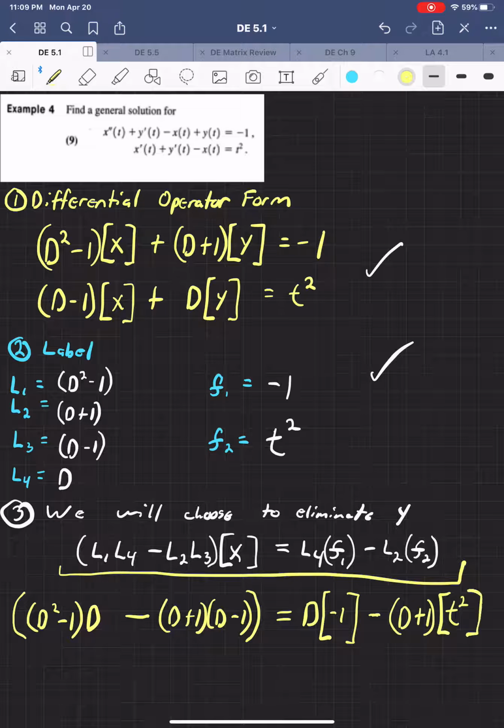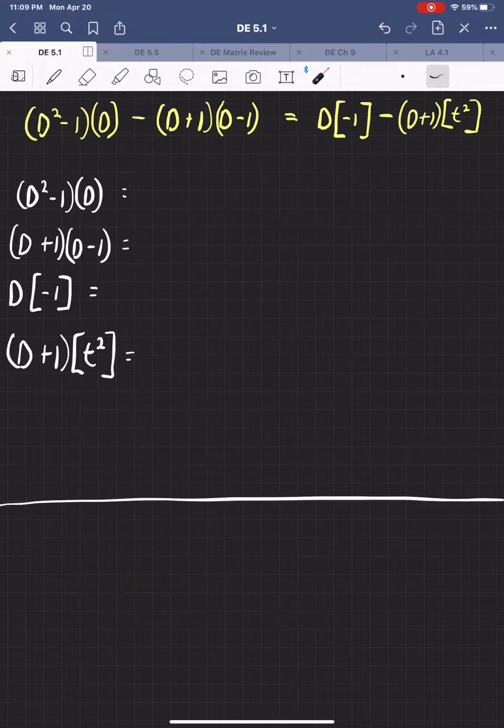At this stage, we need to work out what the multiplication of this operator would yield, and I'm going to do that on the next page.